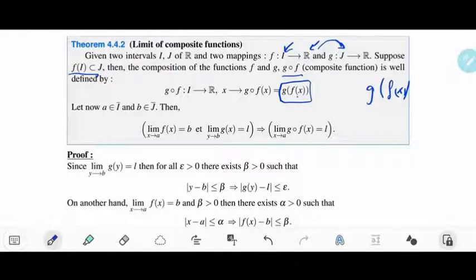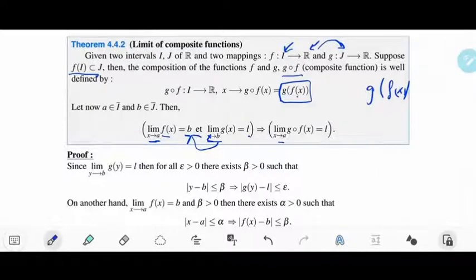Then, if you have f of x that tends to a limit b as x tends to a, and g of y, or x in here, sorry, that tends to a limit L as y tends to b, which is the limit in here, then the limit of the composition g round f of x as x tends to a will be L.